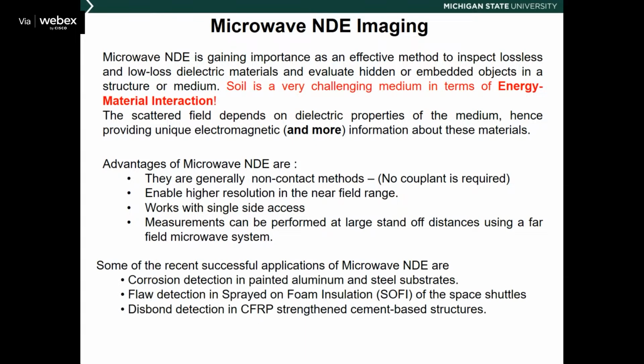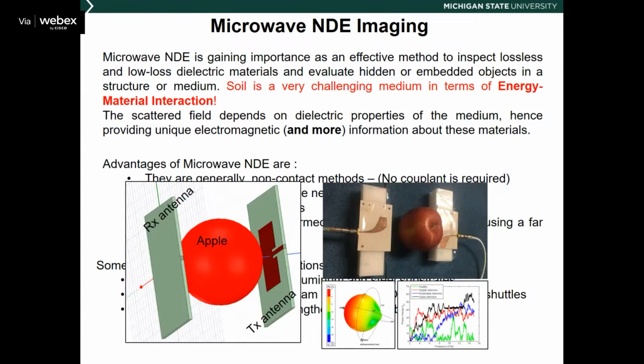Some of the recent successful applications for microwave NDE are corrosion detection, flaw detection, for example, in the sprayed-on foam insulation of the space shuttle, flaw detection of CFRP strengthened cement-based structures, and so on. And we also did microwave imaging for apples.